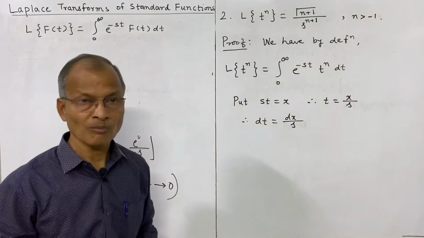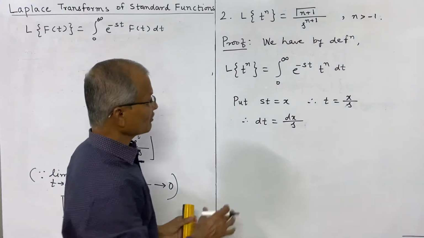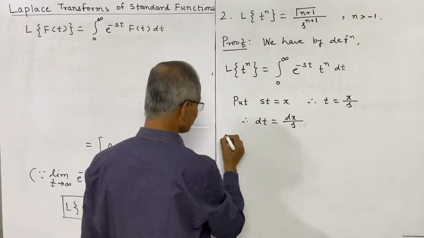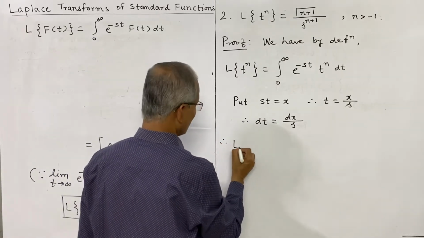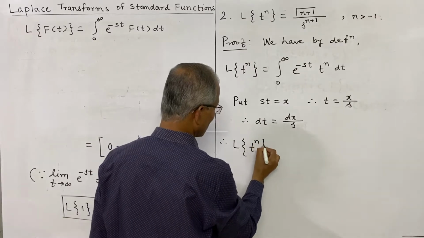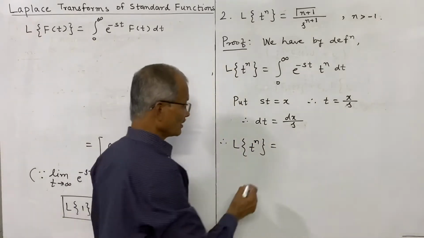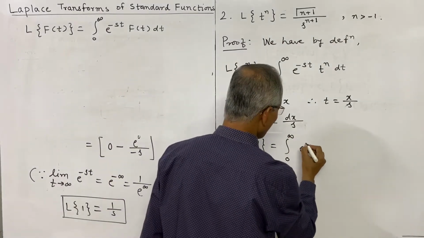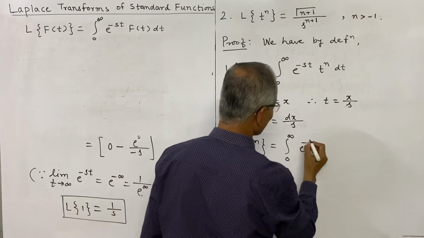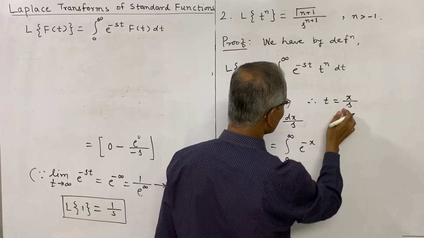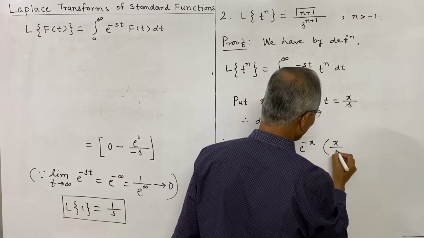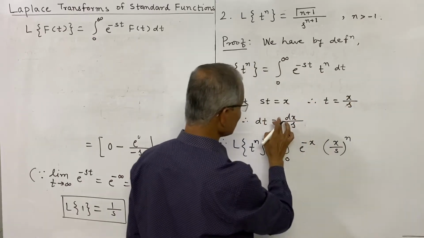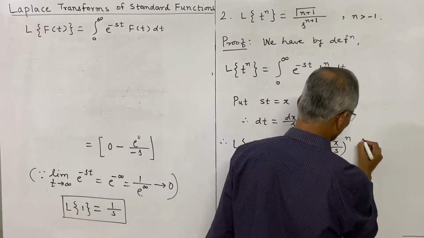s is assumed to be positive. And therefore, using this substitution in this integral, we have L of t power n, the Laplace transform of t power n. The limits of integration remain the same, 0 to infinity. e power minus st is e power minus x, and t is x upon s to the power n, and dt is dx upon s.